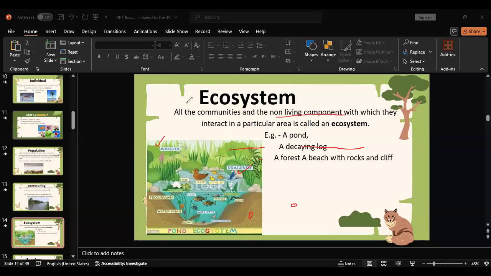Non-living components are physical components, which we have already learned in a previous slide. So all the communities and the non-living components which interact in a particular area. Interact means a relationship.